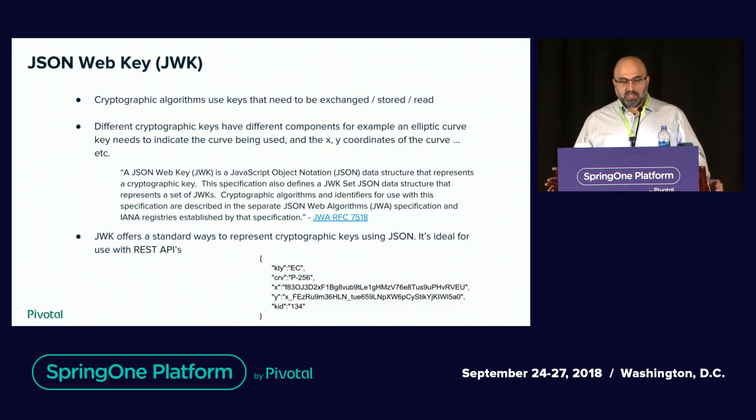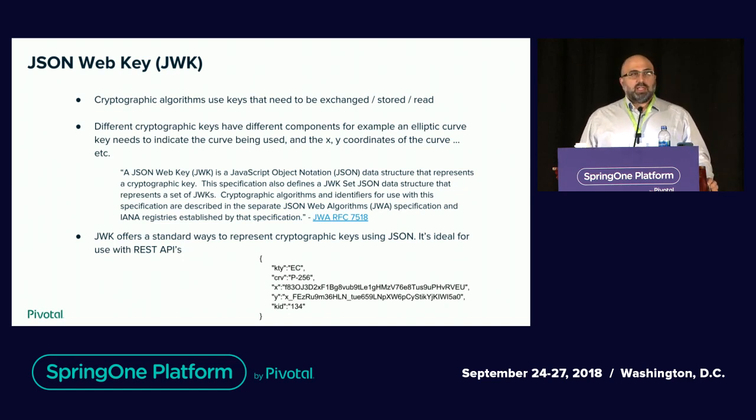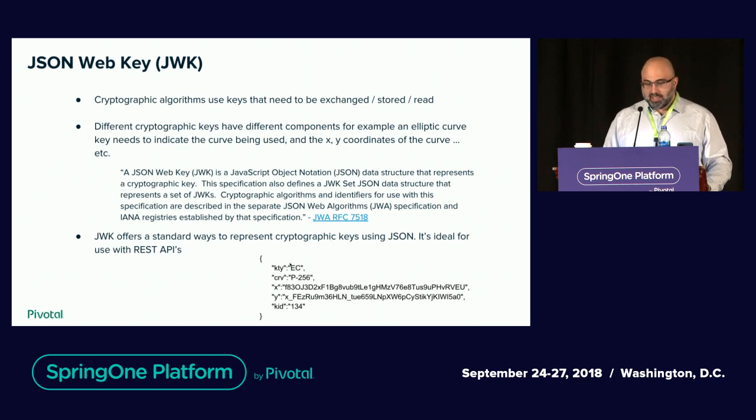So we move on to the next standard, which is the JSON Web Key. This is solving the same sort of interoperability problem where two systems need to talk to each other, and it's like, hey, can I figure out what key you use? What's your public key? And there are a variety of keys. Keys tend to have an actual structure to them. For example, if you're doing elliptic curve cryptography, they have an XY coordinate and they identify the curve.